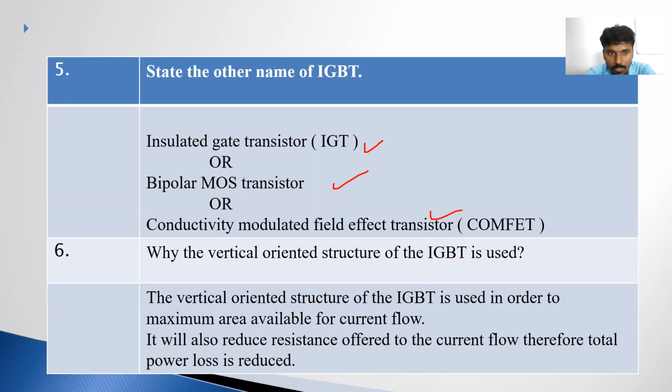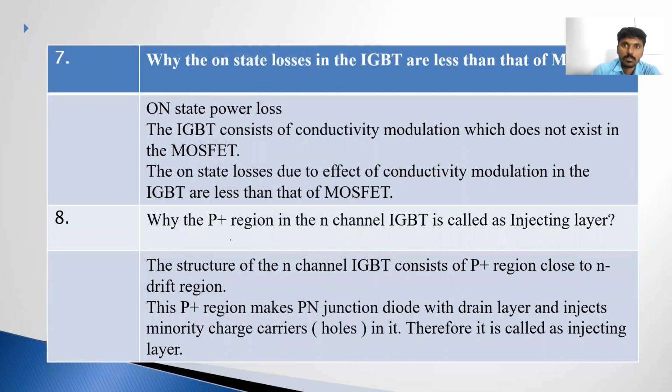So in order to increase the flow of current, whenever the flow of current increases, it will reduce the resistance. If resistance reduces, power loss also reduces. That's why mostly we are using the vertical oriented structure of the IGBT. Okay, these are the short type answers.